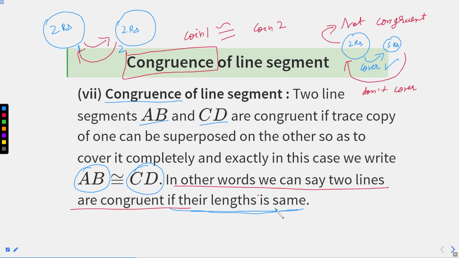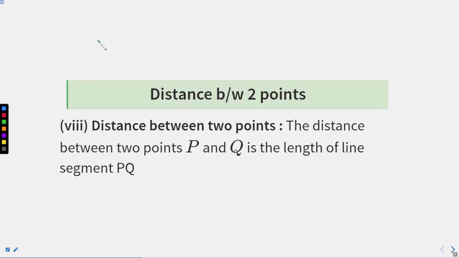Now how are we going to find out their lengths? There's a formula. If we know 2 points, let's say A and B, we can easily create a line segment here, and we have to find out the length of AB, where we know point A here and point B here.